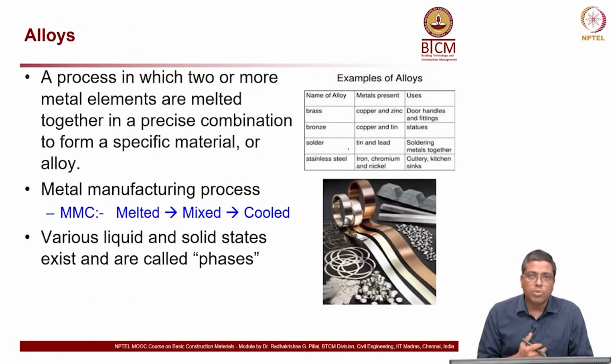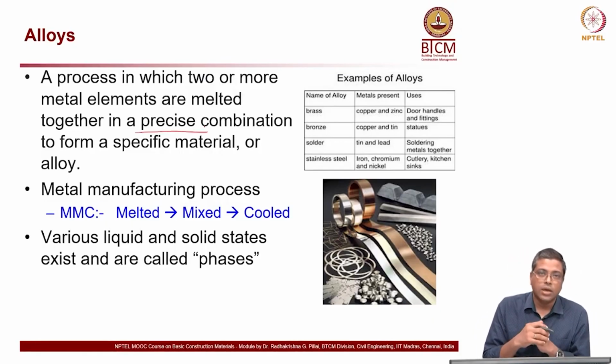Now let us talk about alloys. What is alloying? It is a process in which two or more metal elements are melted together in a precise combination. So not just mixing, but in a very precise combination to form a specific material with certain target properties.